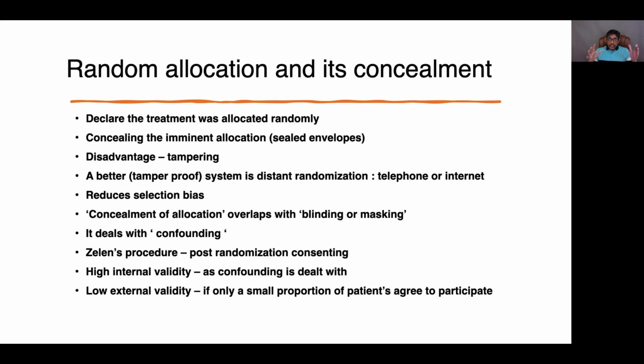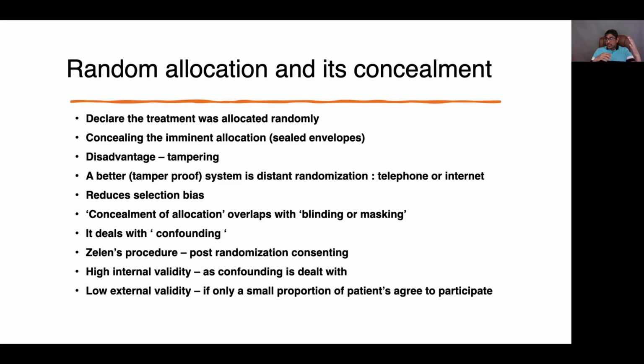You can do randomization along with blinding. It could be single blinding, double blinding, masking the recruiters, masking the analyzers, masking the trial conducting authority, which deals with confounding effects. There is also another procedure called Zelen's procedure, where the randomization is followed by consenting for a particular type of treatment.